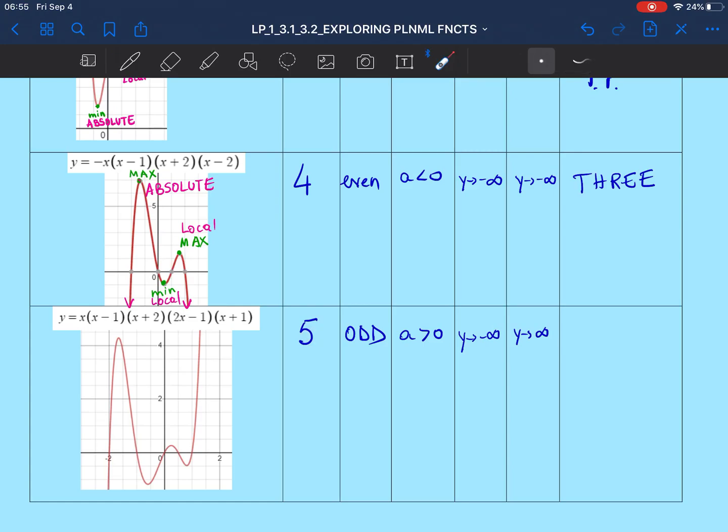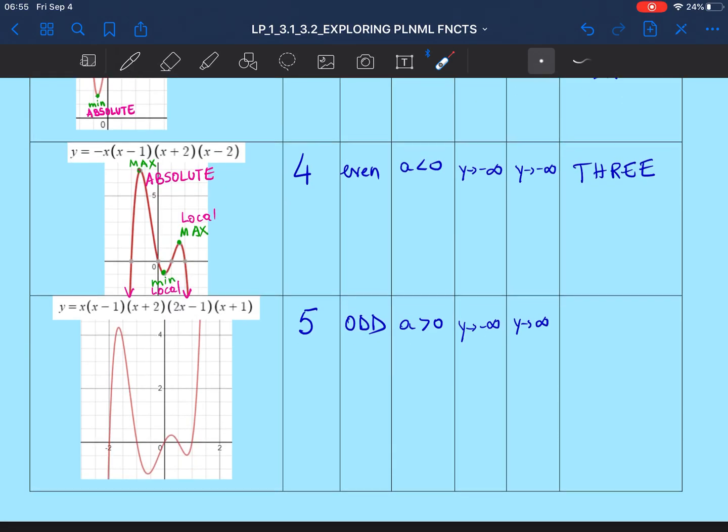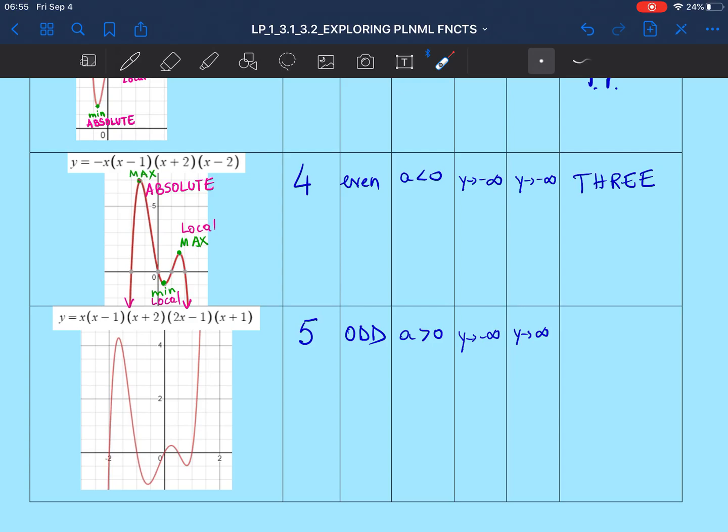So as you see here in all odd degree functions, the y values will go from quadrant 3 to quadrant 1. So they go in opposite directions. When it comes to even functions, whether the coefficient is positive or negative, the y values will go in the same direction on both arms of the graph, so positive infinity or negative infinity.